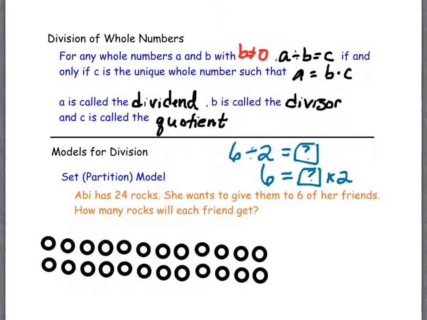All right, I think I've got 24 of them now. Do I? I think so. I think there are 24 rocks there. She wants to give them to 6 of her friends. How many rocks will each friend get?